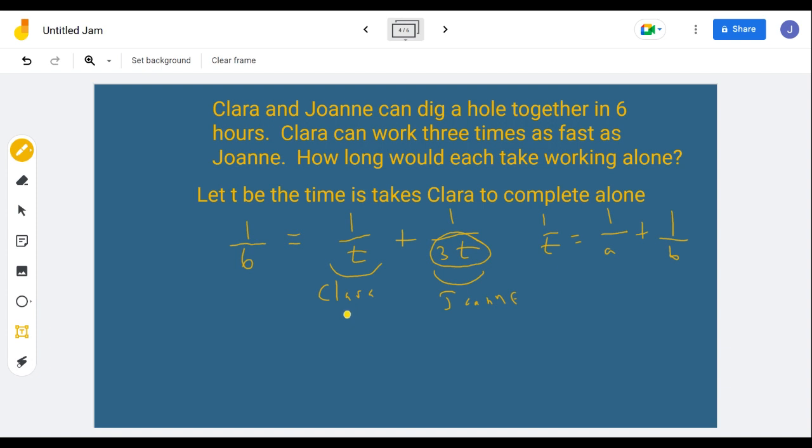There's a number of different ways we can solve this. What we could do is factor out the 1 over t. So we can say 1 over 6 is equal to 1 over t times (1 plus a third).